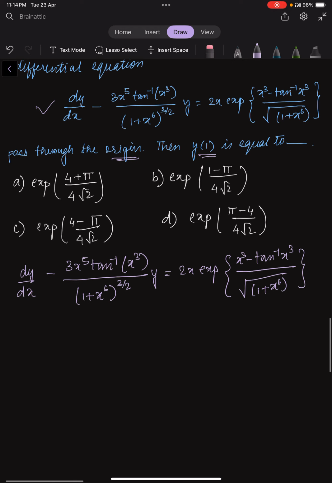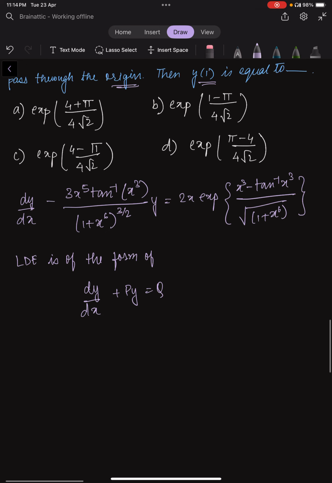So straight away we know that this linear differential equation is of the form dy/dx plus Py is equal to Q.